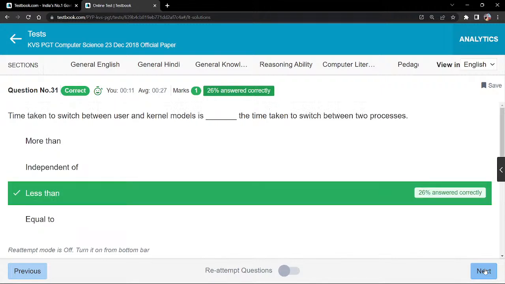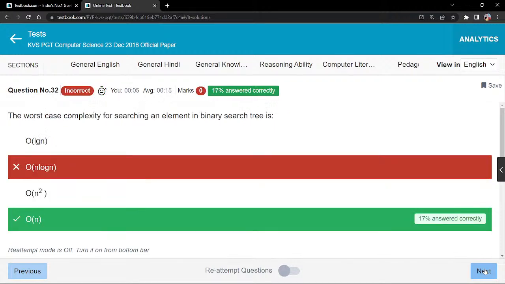The time taken to switch between user and kernel mode is less than the time taken to switch between two processes, so the answer is less than. The worst-case complexity of searching a binary search tree is O(n).